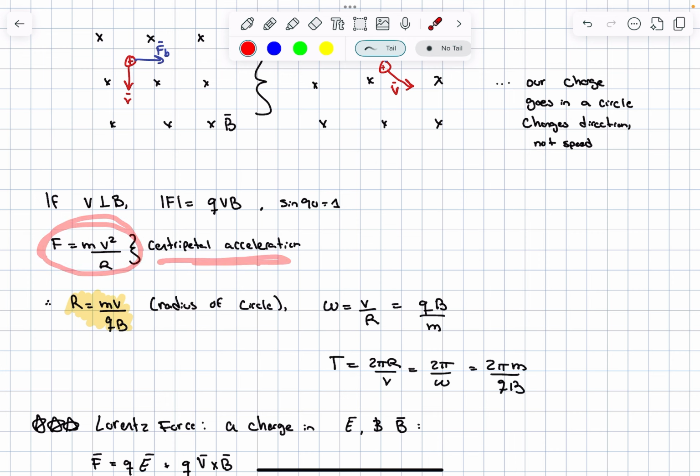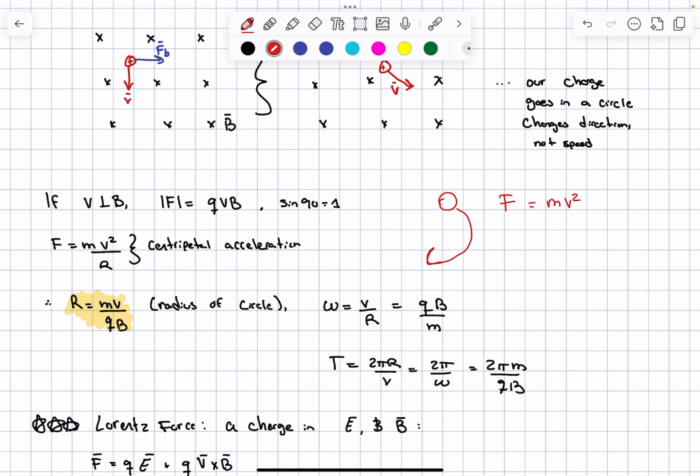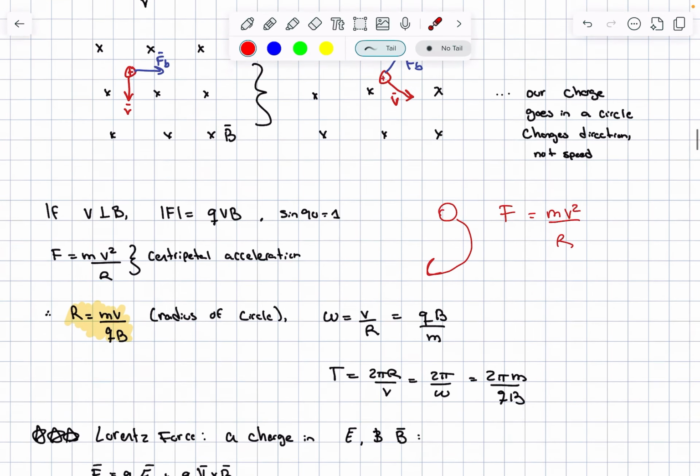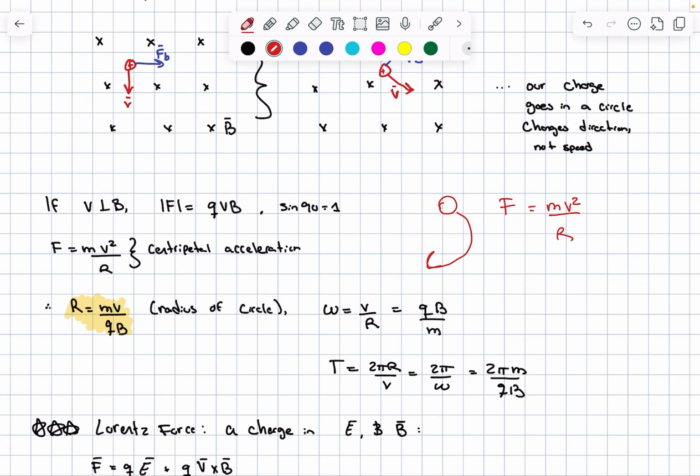So we've seen this in Phys 204, where if we have a particle that's just moving in a circle, the centripetal force that it experiences is mv squared divided by r. So that means that if we have this situation where our particle is going in a circular motion, it's experiencing centripetal acceleration, which means that we say that this is also equal to qvb.